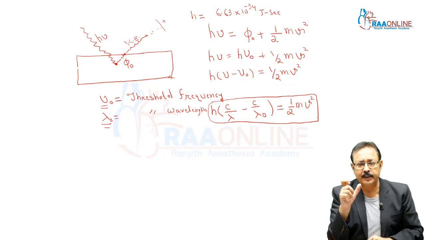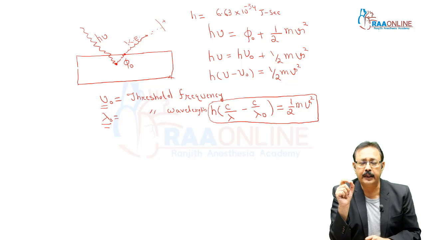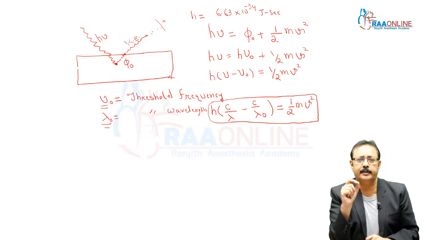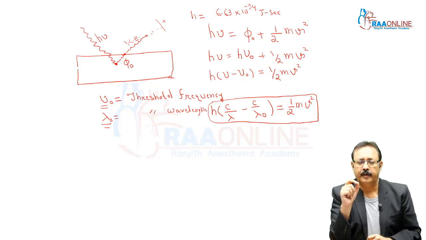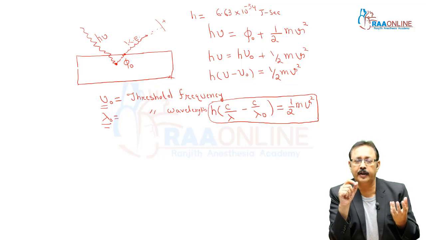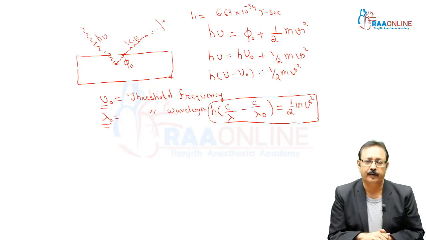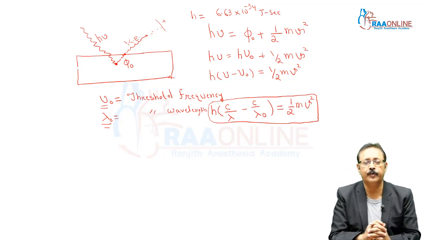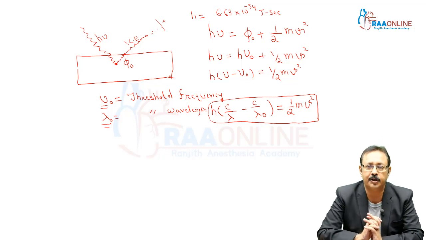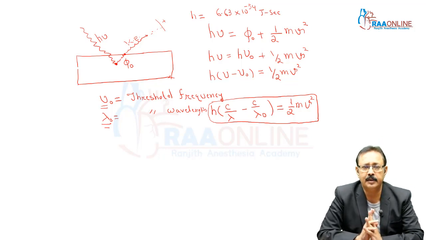But in place of intensity, if you are increasing the frequency, it means you are now increasing the energy of the photon, not the number of photons. If you are only increasing the frequency, you know that the photon's energy is h nu. Means now you are increasing the energy of the photon. The photon is one.